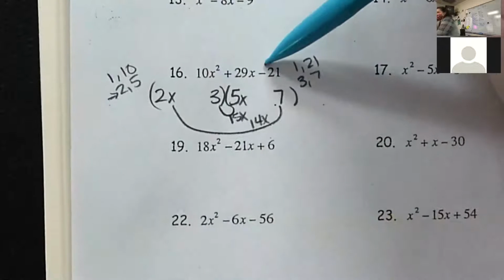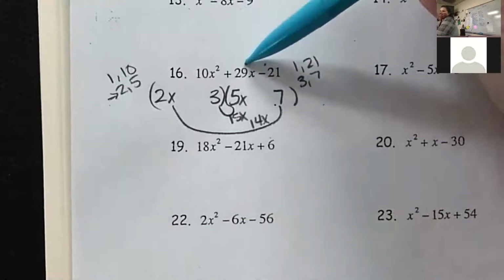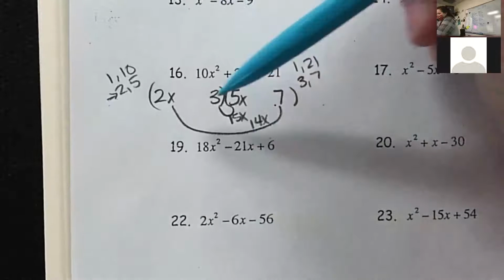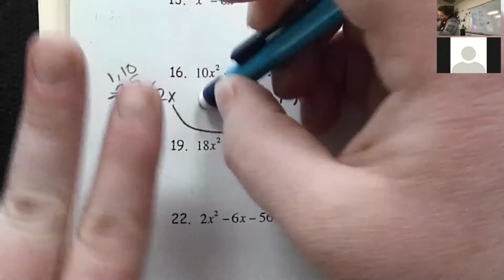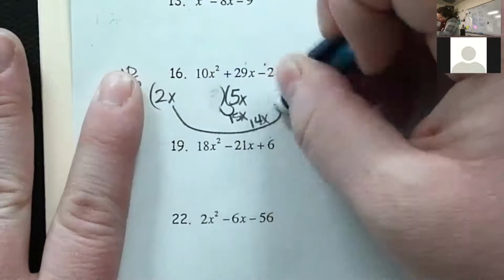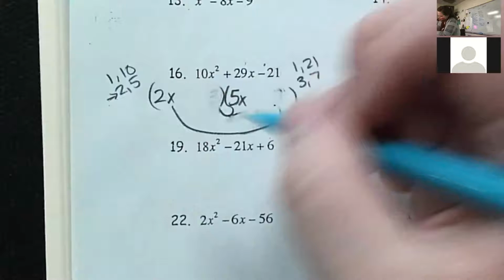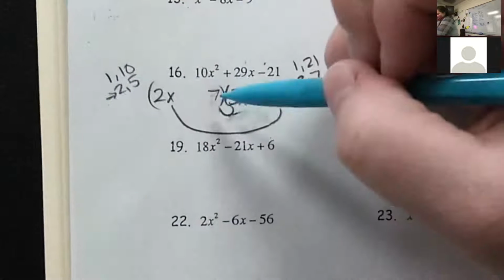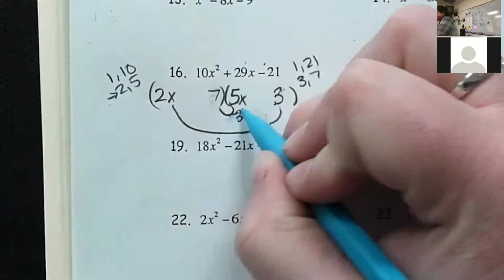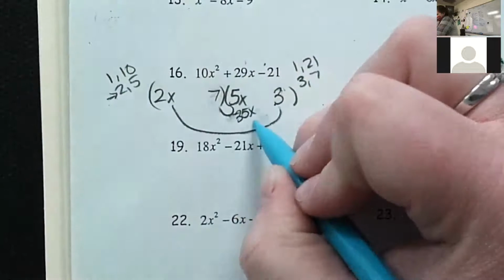Now, am I thinking adding or am I thinking subtraction? Can I subtract those to get 29? No. Okay. Well, 3 and 7 didn't work, so now what do I need to do? 7 and 3. So a lot of people like to do these on whiteboards so they can just erase it quicker. 7 times 5? 35x. 2 and 3? 6.